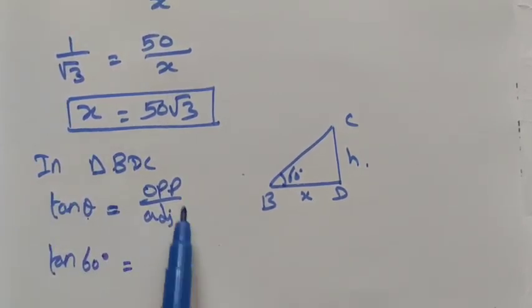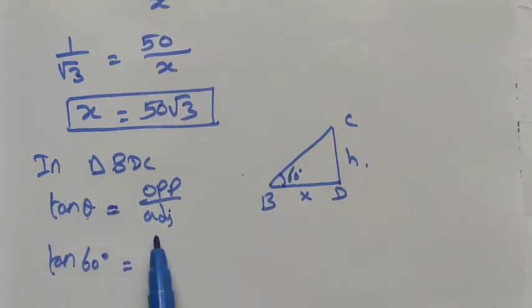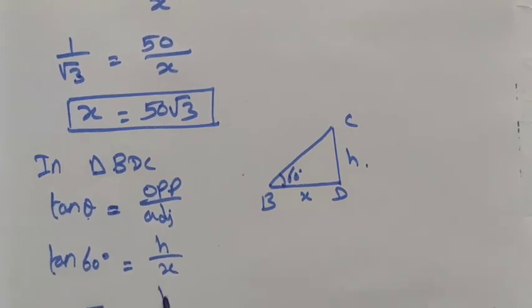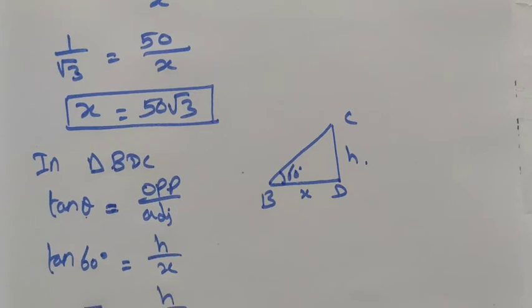So tan 60 degree is equal to the opposite side H divided by the adjacent side X. Tan 60 we know the value, root 3 is equal to H divided by X. I take this X to this side, X root 3 is equal to H.